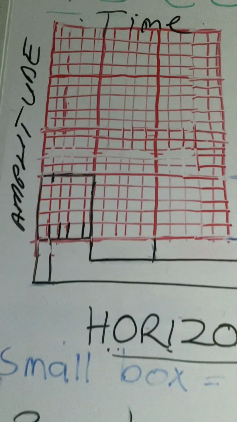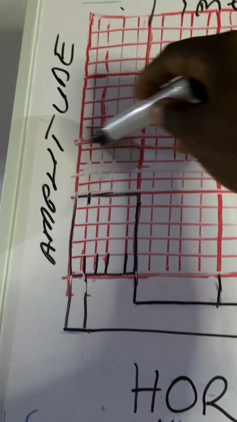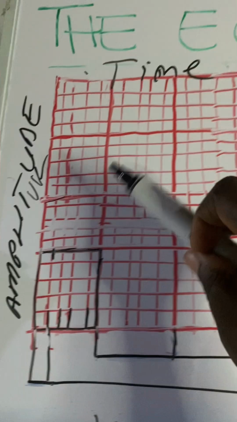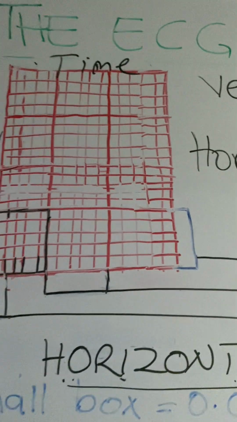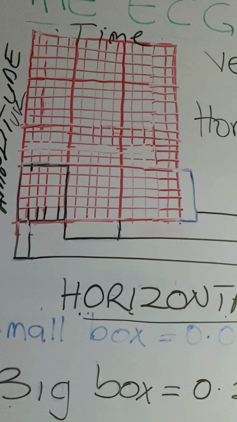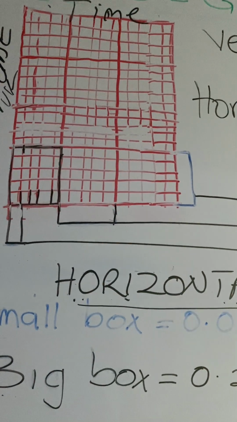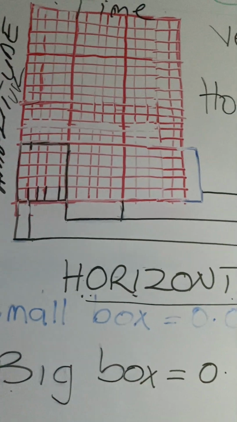All right, this is our amplitude or voltage, and this is time. You know pulse is calculated in time, don't you? Pulse is read for 1 minute. Okay, that is exactly what this will lead us to.